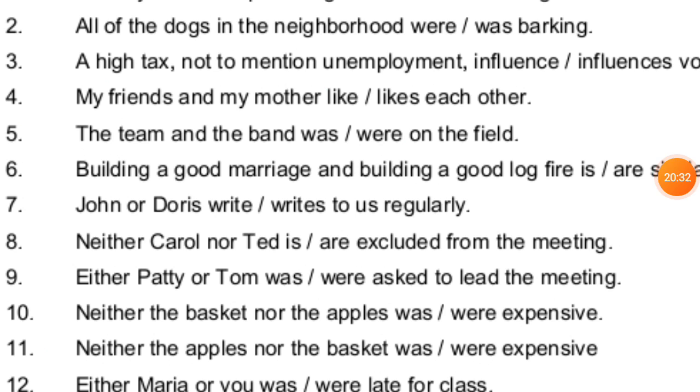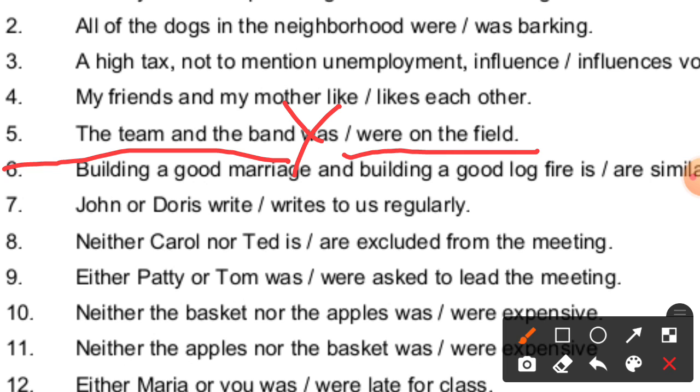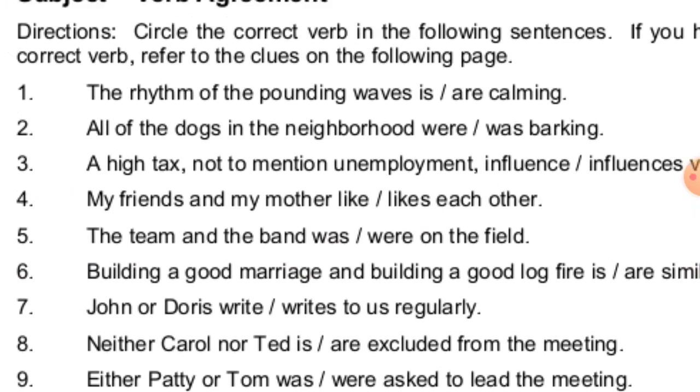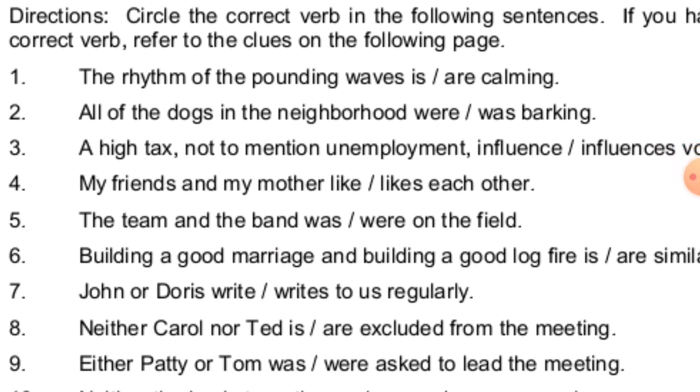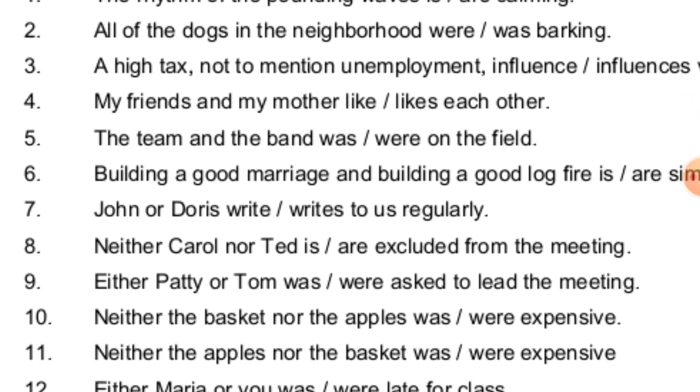So let us read the sentence correctly: The team and the band were on the field. Was is incorrect. Clear? So students, we have done sentences 1, 2, 3, 4 and 5 from this exercise 3, and we have done sentence numbers 3, 4, 5, 6, 7, 8 from exercise 2.